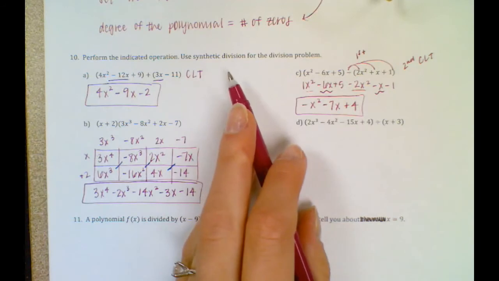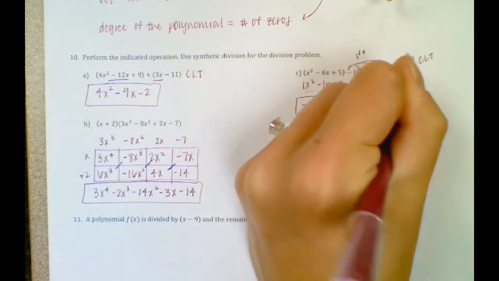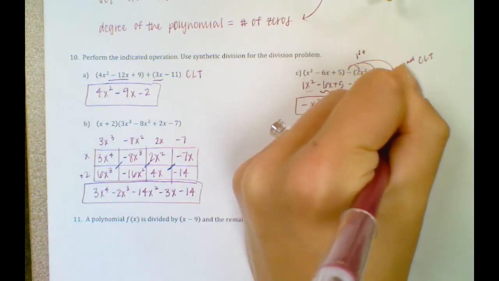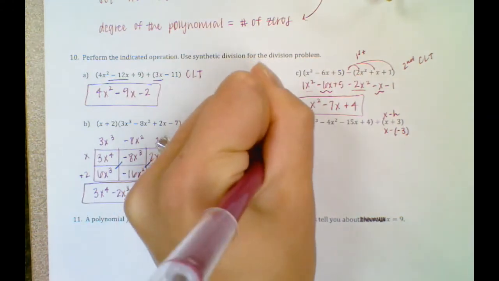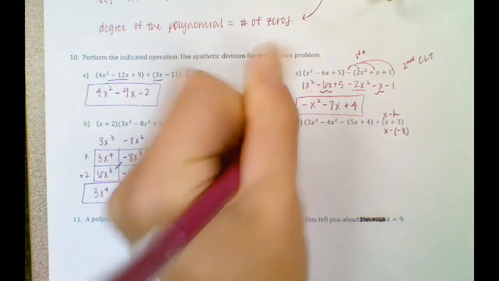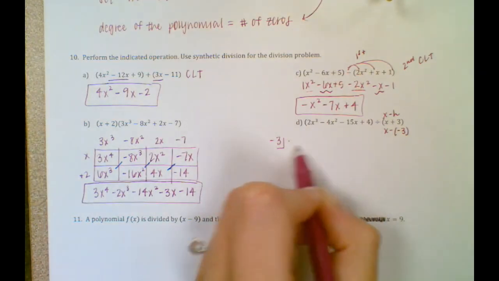All right, and letter D, this is the division. Okay, remember you're using synthetic division. So this has to be in the form x minus h, okay? So x minus, this would be -3. That's another way to write that. So my h value is -3. And then I remember I put the coefficients of what I'm dividing up here.